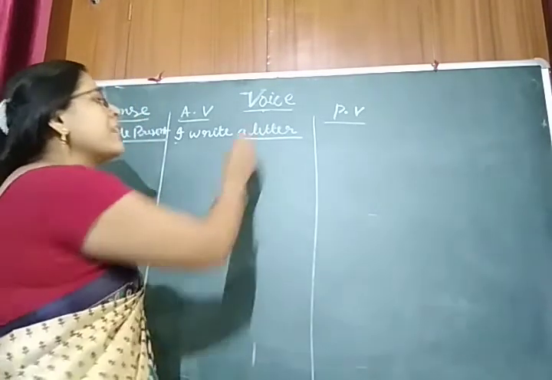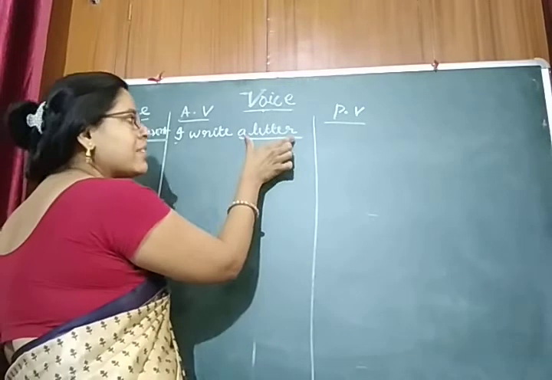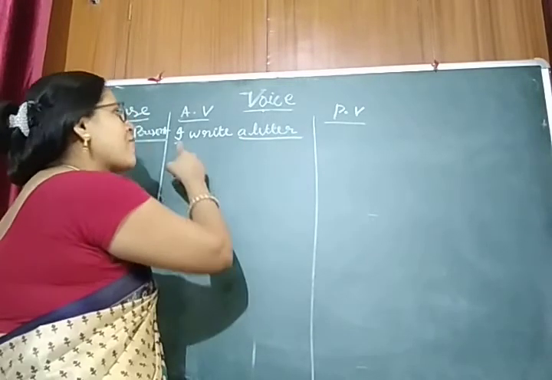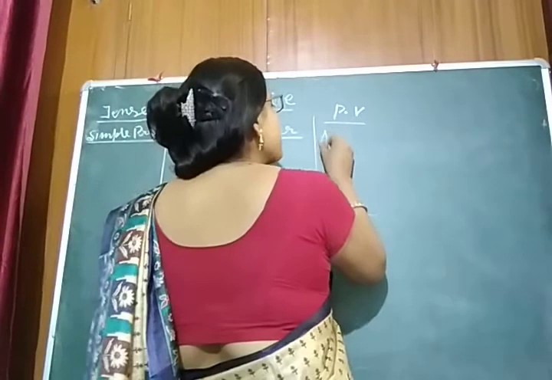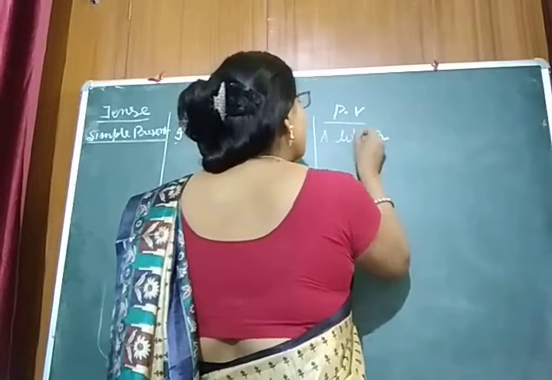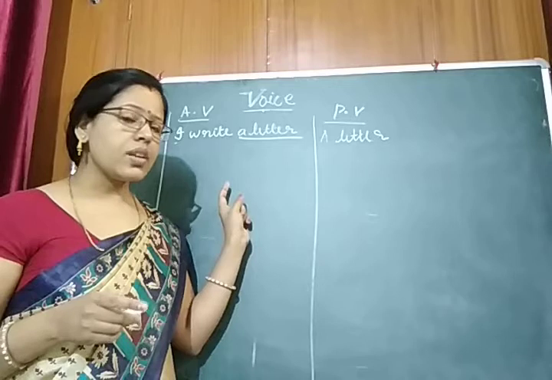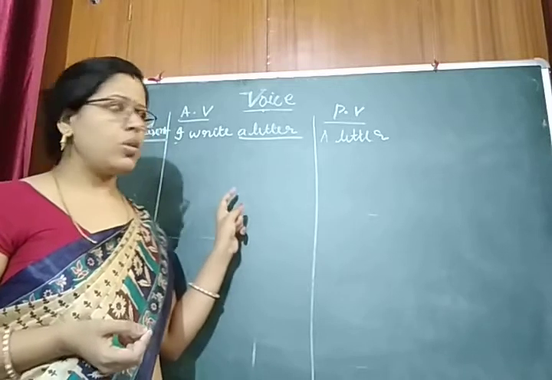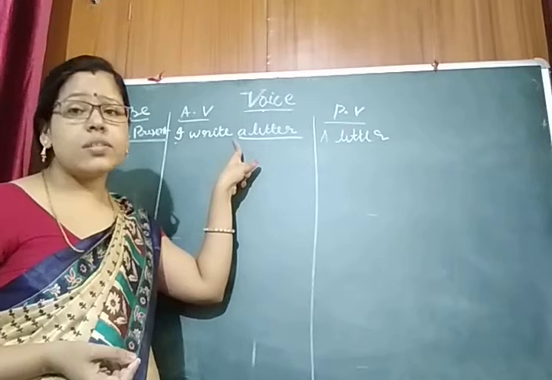So we will make it the subject. How can we make it the subject? We will write this last word at first. So I will write here in passive voice, a letter. Now remember the table number 2. You know very well this is an example of simple present tense.